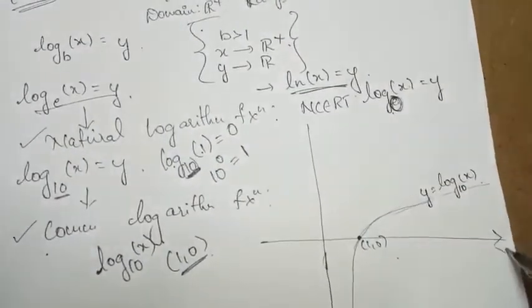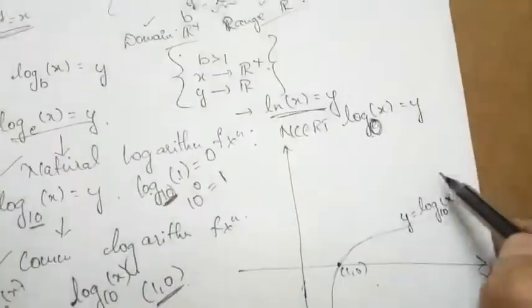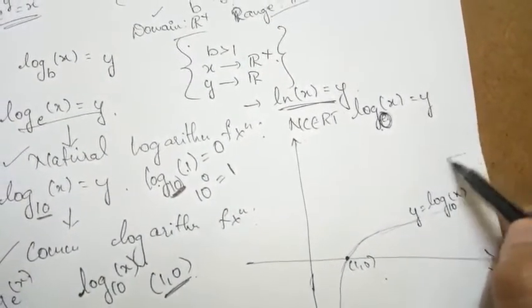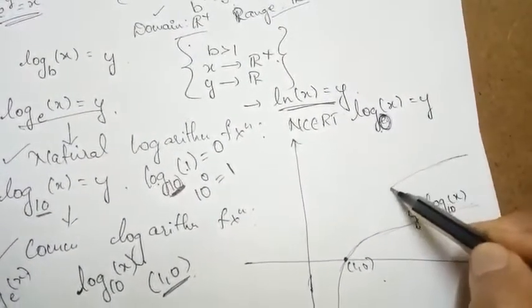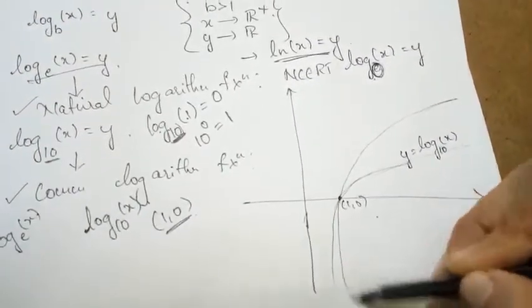Similarly, if I draw the graph of another logarithmic function, that is log e of x, it again comes somewhere here. Again this curve also passes through (1, 0).